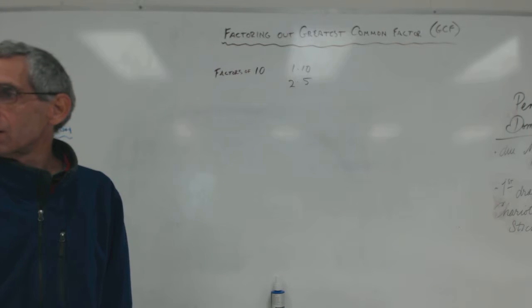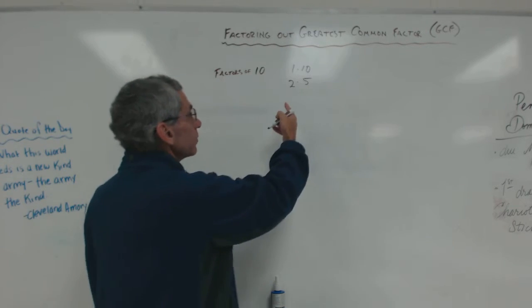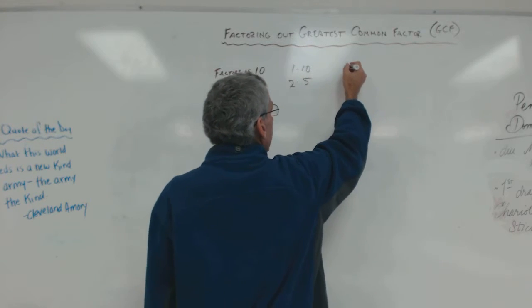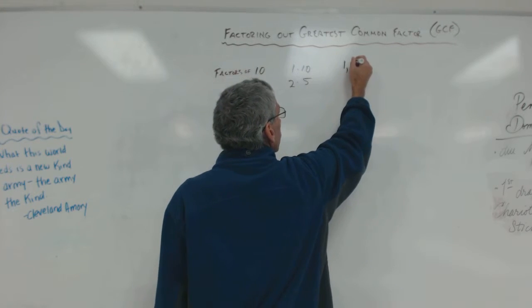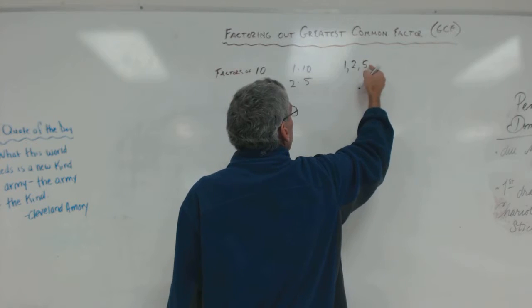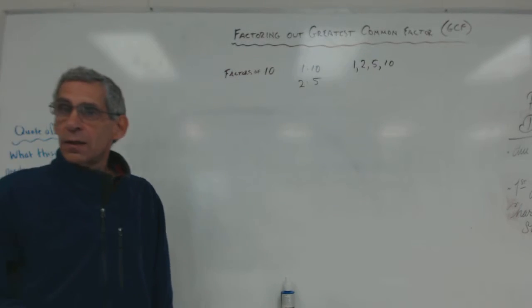That's as far as I can go. It's like a fact family, a factor family. Often they'll put them in order: 1, 2, 5, 10. Those are your factors of 10, right?